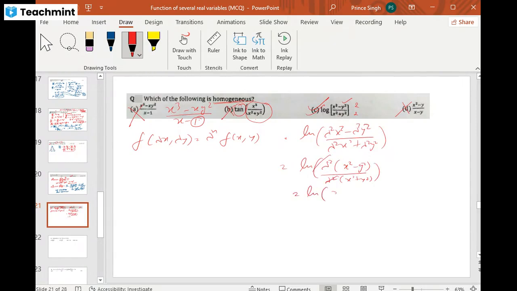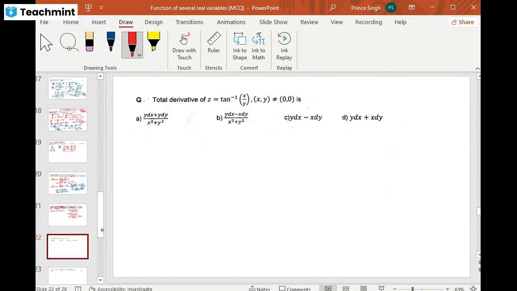So it is equal to the function itself. It is equal to the function means we can write lambda raised to power 0 times the function. It means it is a homogeneous function with degree 0. Sometimes the question is also asked about the degree of the function. So you can check the degree with the help of this criteria also, right?